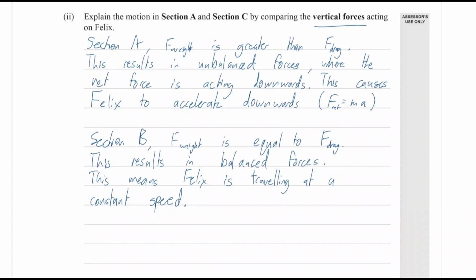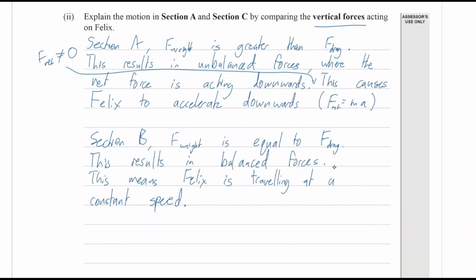So just to summarize this one, in section A, our weight force is greater than drag, meaning we have unbalanced forces, so the net force is acting downwards. A little thing we could actually put in here is that the net force is non-zero. And then that results in him having an acceleration downwards.